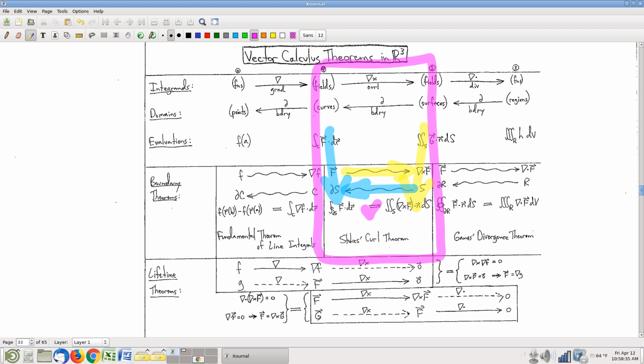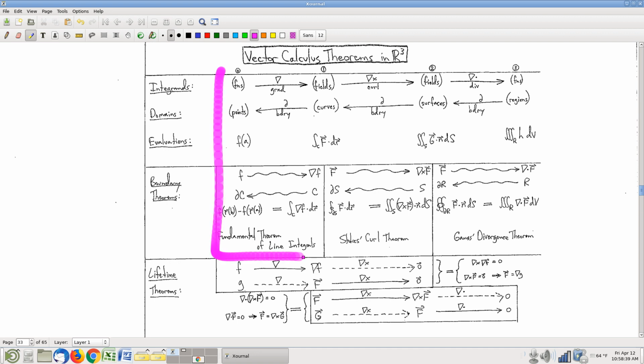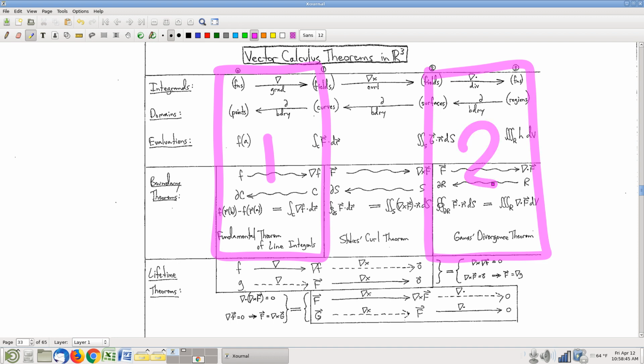Very quickly, I do want to point out that it does seem a little out of order. Why did we do this first and then this second, to leave the one in the middle third? Shouldn't we do that one second? Shouldn't we increase the dimension a little bit each time? Why did we skip a dimension, as it were?